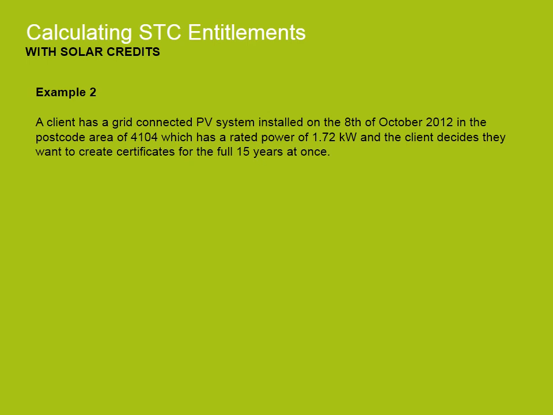Now let's look at an example where we calculate STCs with solar credits. Let's use the same scenario. We want to calculate the STC's eligibility under the solar credit scheme for a client who has a PV system installed on the 8th of October 2012 in the postcode area of 4104, which has a rated power of 1.72 kilowatts under the 15-year deeming period.